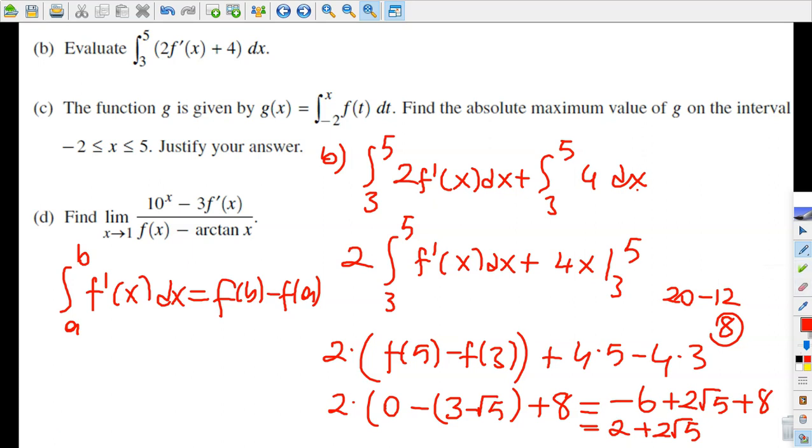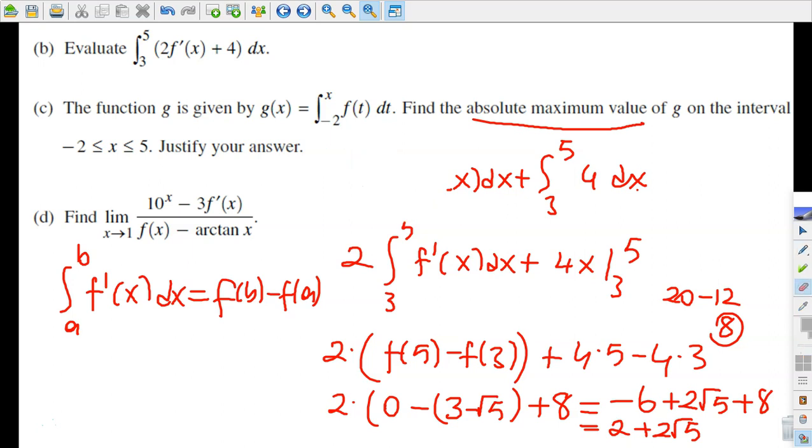In part C, we're being asked to figure out the absolute maximum value of g on the interval. And also notice that g is defined to be this, from negative 2 to x of f of t dt.